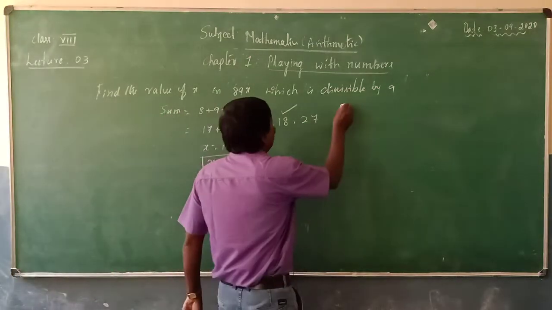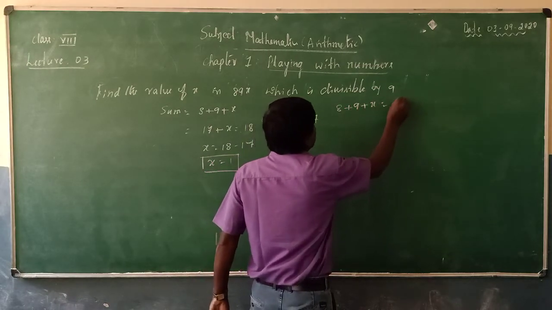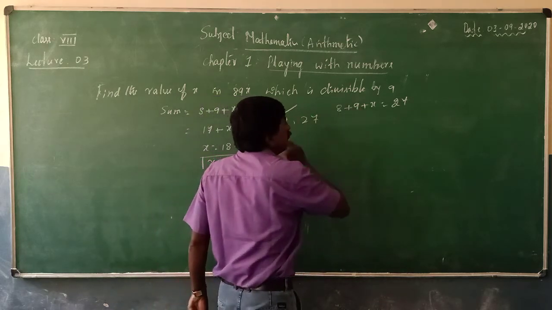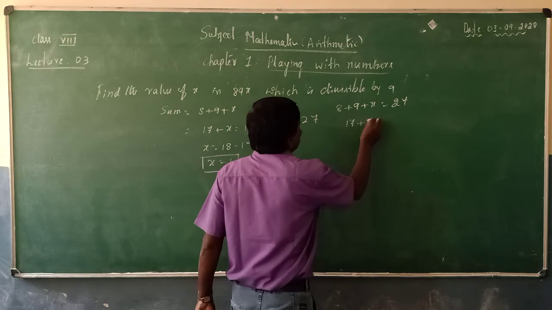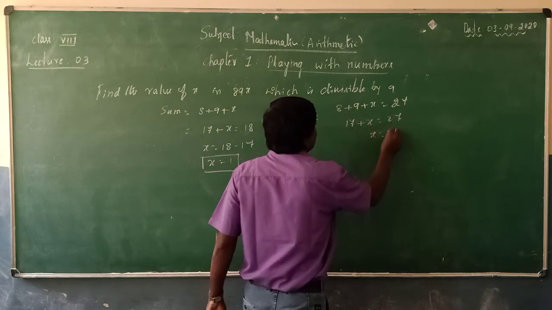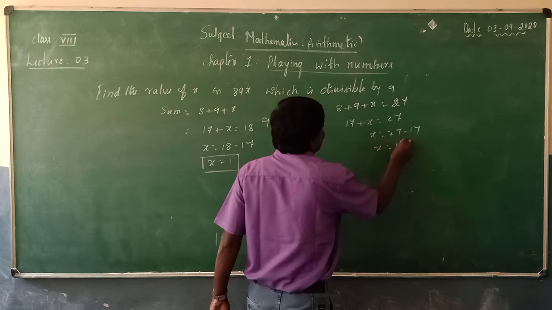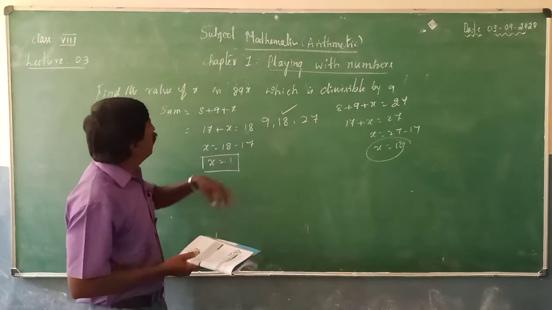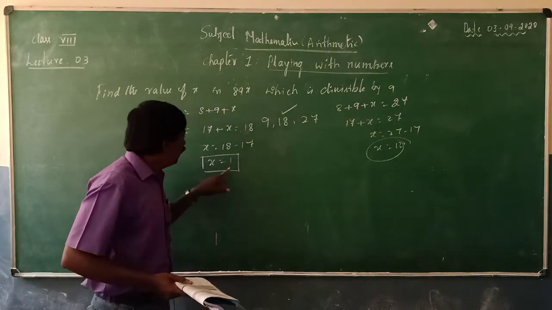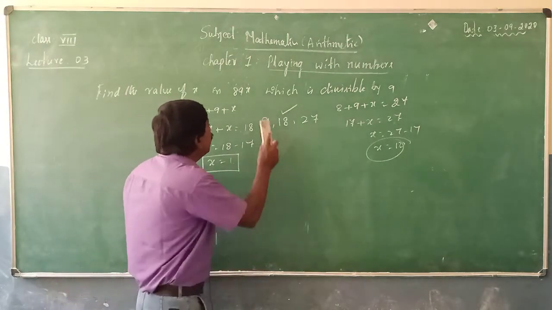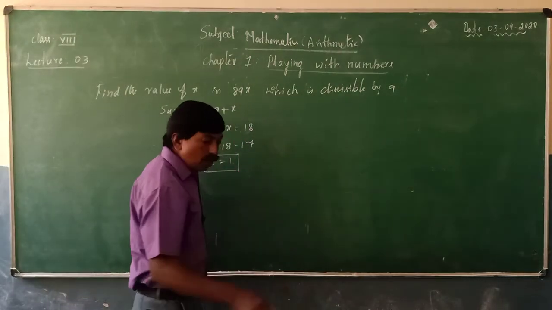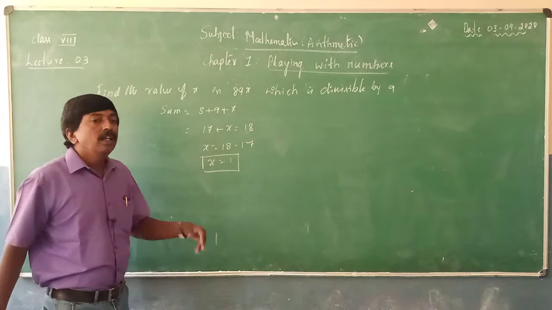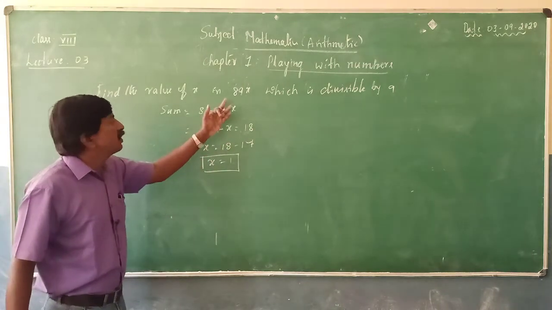Suppose you can verify 8 plus 9 plus 8, which is divisible by 9, so you can consider it as 27. X is equal to 27 minus 17. X is 10. Now, 1 is a single digit, 10 is a double digit. So here it is not possible to write 10. Only if x is 1, then it will divide by 9. Instead of that, if you take 17 plus x equal to 9, there you will get negative numbers. Got this idea?